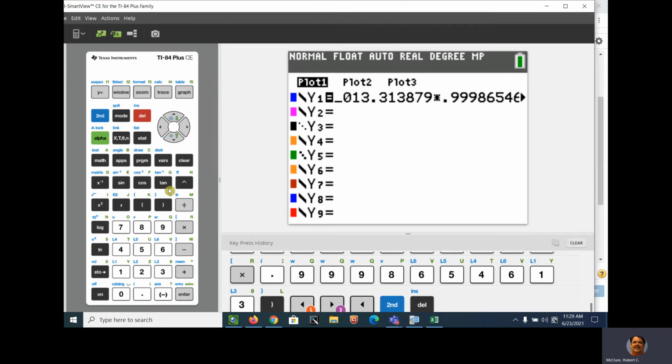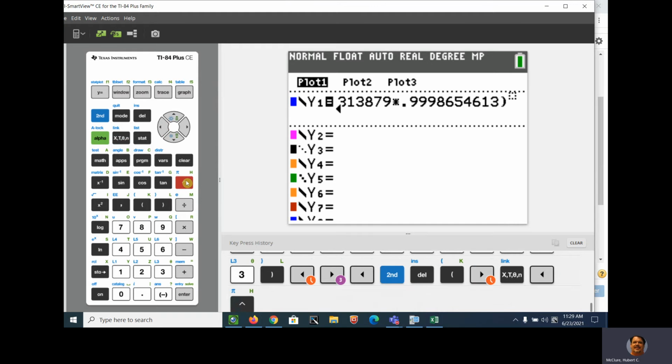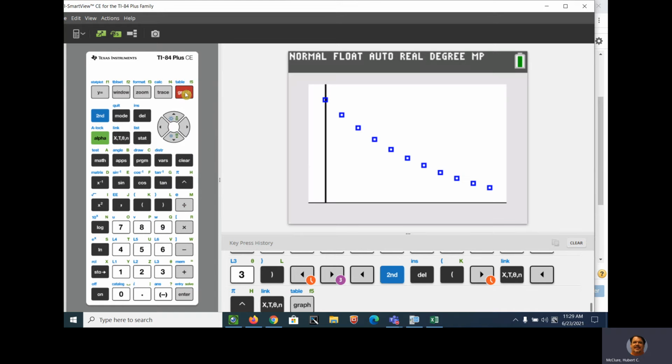Second insert parentheses, and all that raised to the x power. And that should fit in here, but it's not. I don't know why.